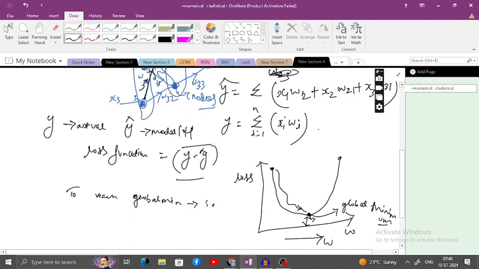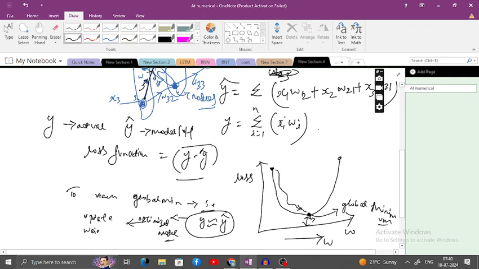Y should be almost close to y hat. If y is almost close to y hat, we will get the optimized model. In order to reach that, I have to update weights.